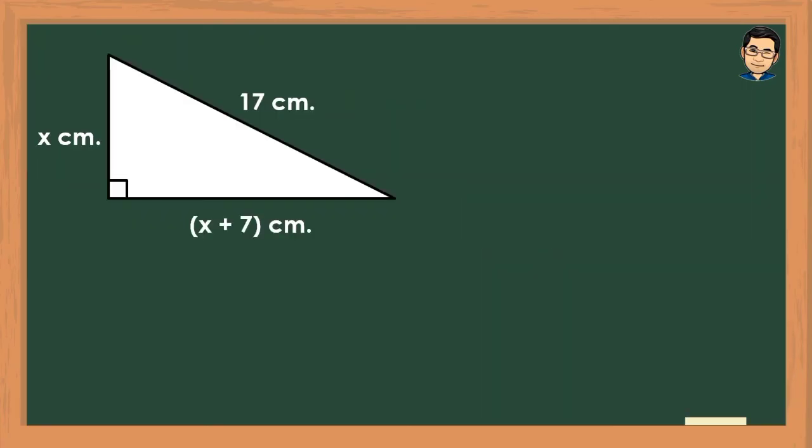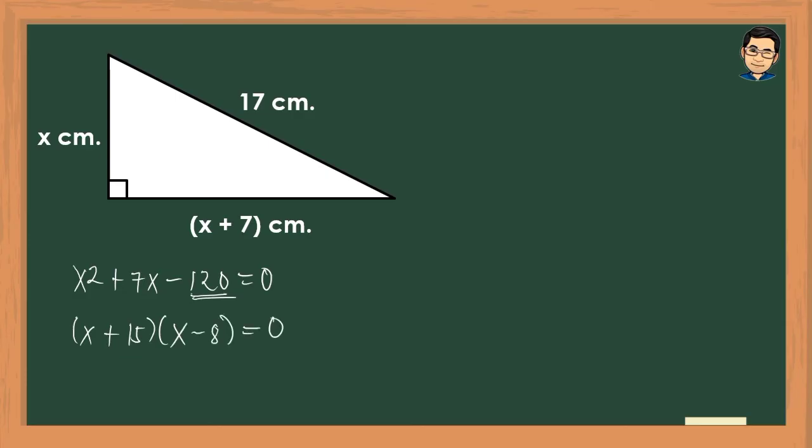So, yung equation natin kanina, x squared plus 7x minus 120 is equal to 0. So, using factoring, so factors po ng negative 120 are x plus 15 times x minus 8 is equal to 0. Then we equate each term to 0.